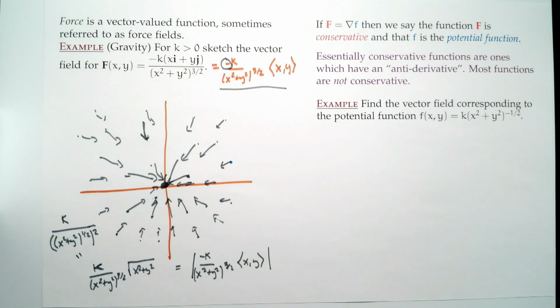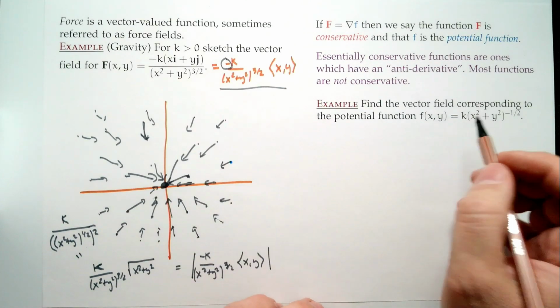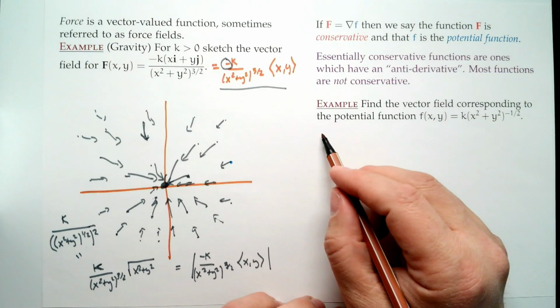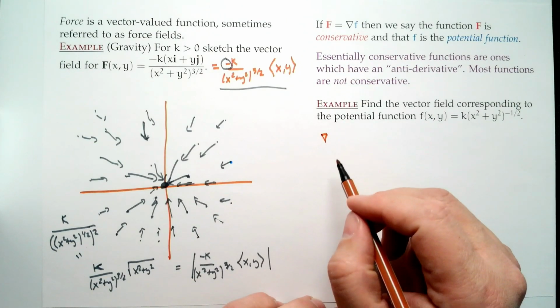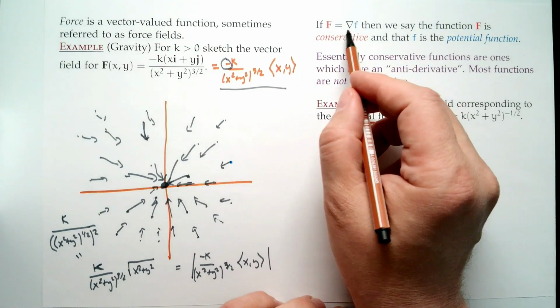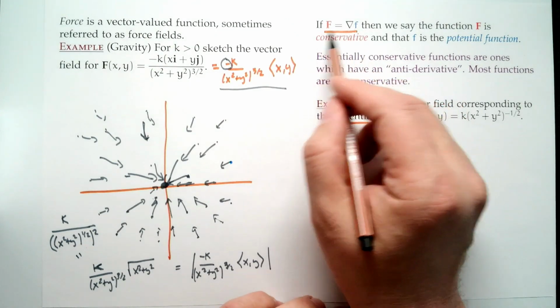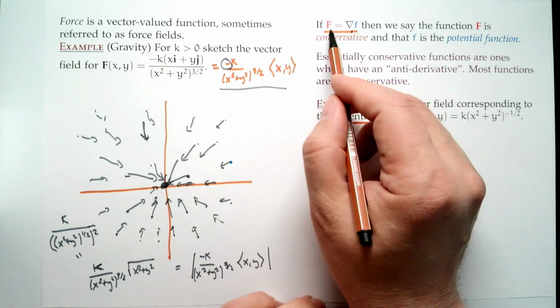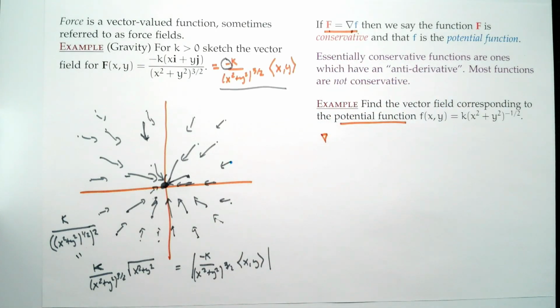All right. Well, if I want to create a vector field, what do I do? I find the gradient. So this is a potential function. If I want to find the vector field, I take the gradient of that. That will create my conservative vector field.